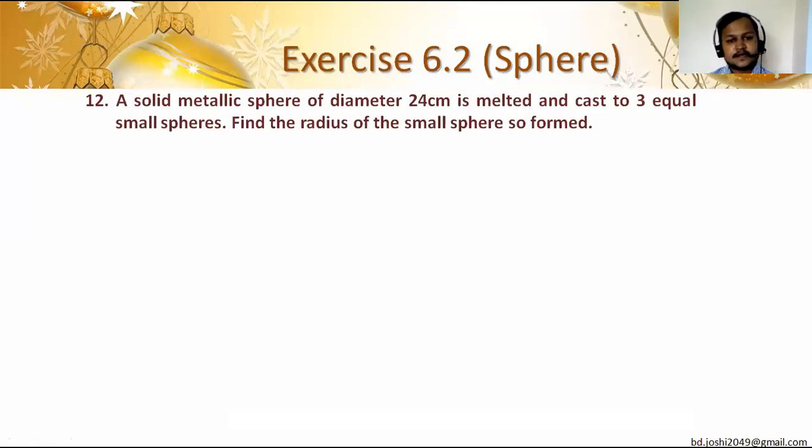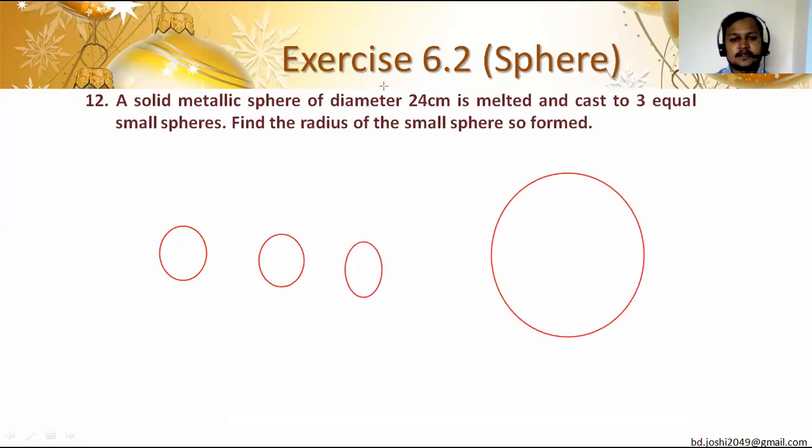A solid metallic sphere of diameter 24 centimeter is melted and cast into 3 equal small spheres. It is just opposite to question number 11. In question 11, it was said that adding 3 spheres forms one sphere. Now here it is said that this big sphere is melted and cast into 3 small spheres. So here also we have to calculate the volume of the big sphere.